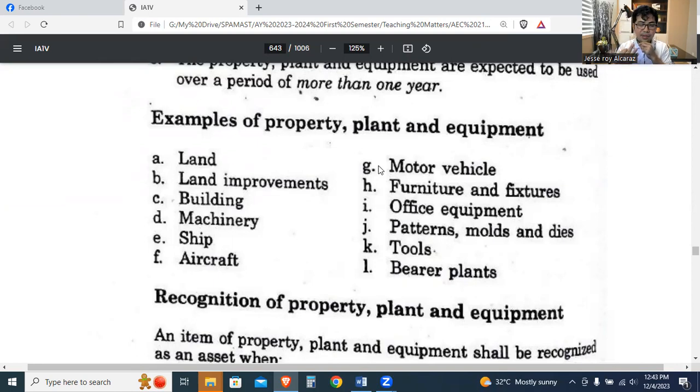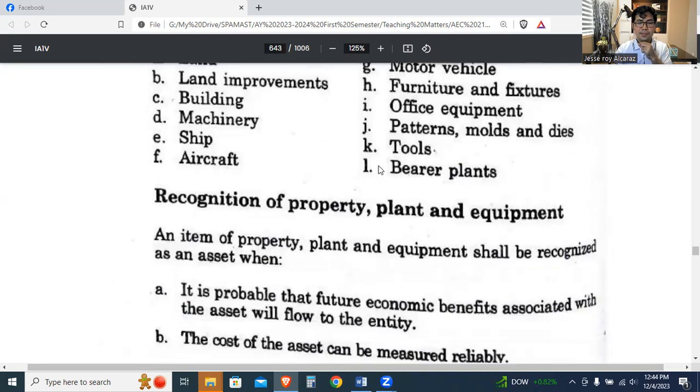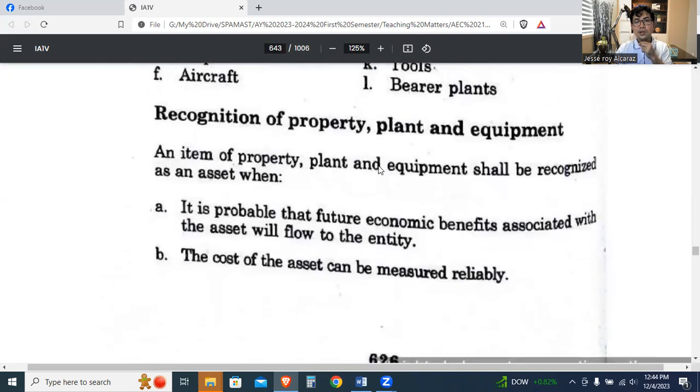We also have the building, machinery, ship, okay? Aircraft ship for the sea, the boats. Aircraft, of course, airplanes, motor vehicles, furniture and fixtures. So tables and chairs, office equipment, patterns, molds and dies, tools, bearer plants. Okay? So the recognition of PPEs.